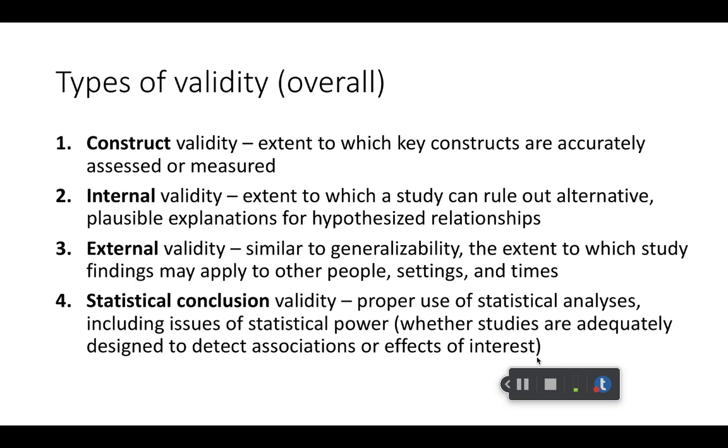External validity is similar in meaning to the term generalizability. It means the extent to which study findings might apply to other people, settings, and times. And then statistical conclusion validity concerns the proper use of statistical analyses, including issues of statistical power, which we'll get to in a couple weeks, which means whether studies are adequately designed to detect associations or effects of interest.